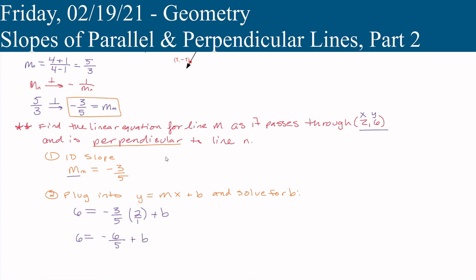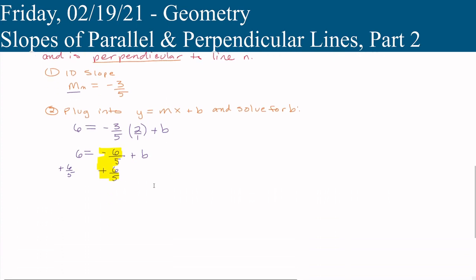Okay, I just need b alone. So I'm going to add this negative 6/5 to both sides. So plus 6/5, so they can zero out, they cancel out, right? They get to cancel, and then plus 6/5 here. So I'm going to scroll up. There we go.